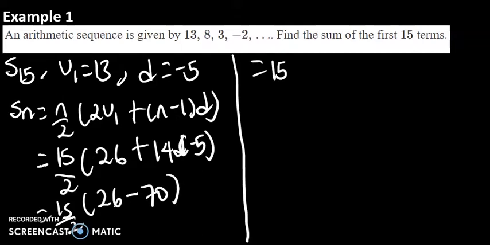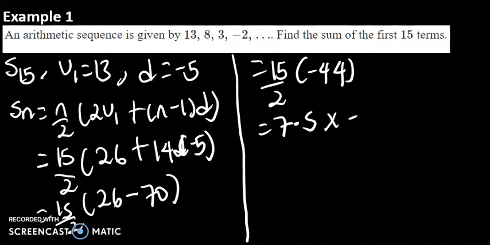So 15 divided by 2 times minus 44, that's 7.5 times minus 44. So this gives us minus 330. Let me know if this is what you got in the comment section.